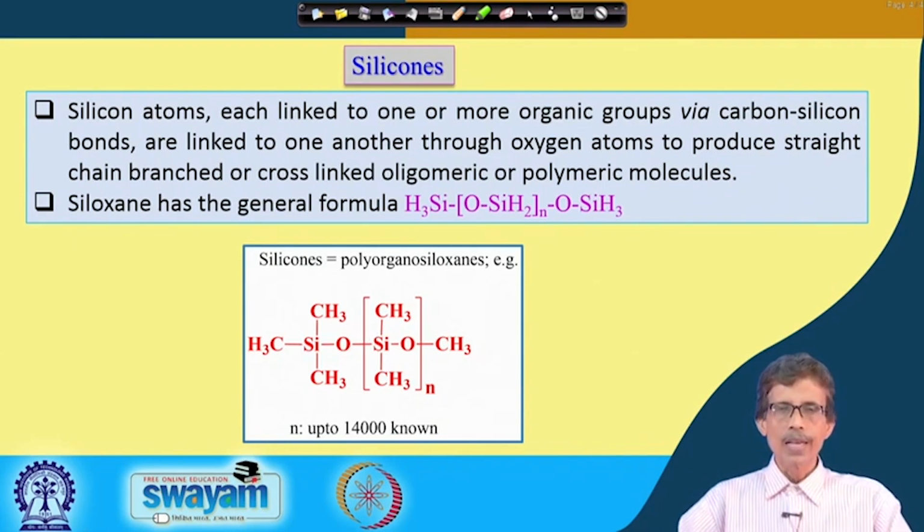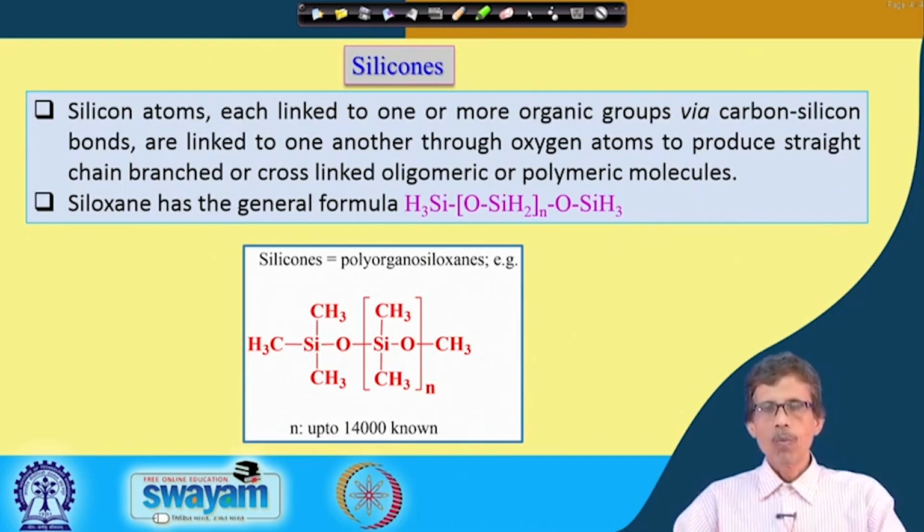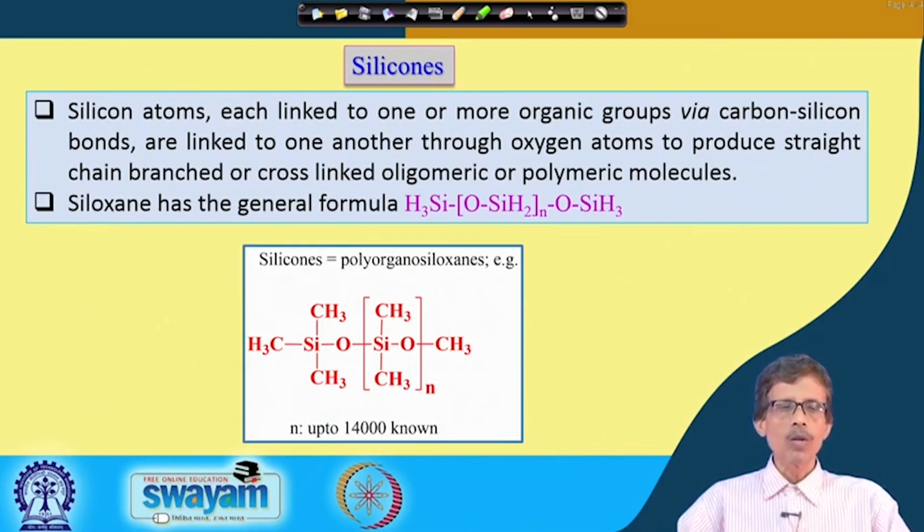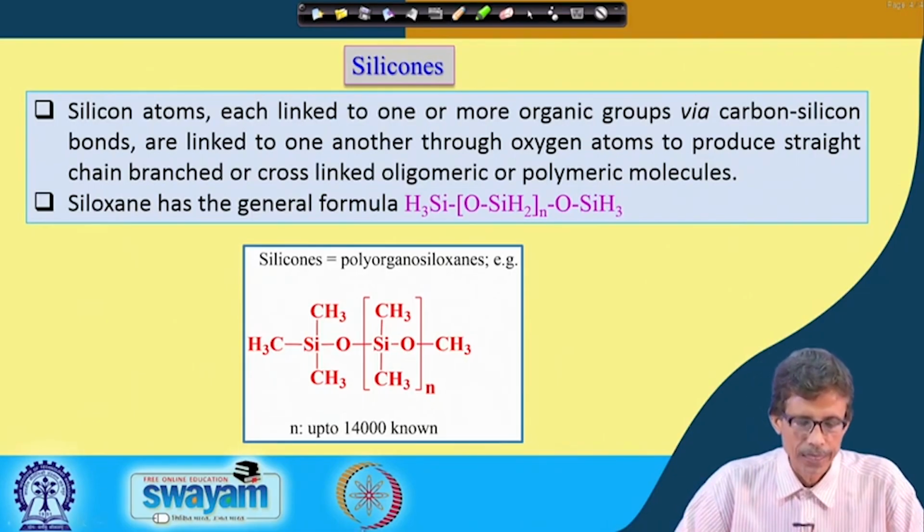Siloxane: sil is the silicon and oxane is the oxygen. So, the building block is your silicon oxygen group, and when that silicon oxygen group is repeated one after another with some other functional groups at the periphery or at the other end of the polymeric molecule, we get a polyorganosiloxane molecule, and we consider these as the siloxane material.